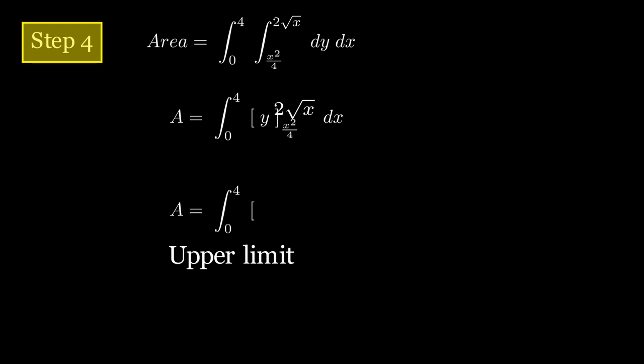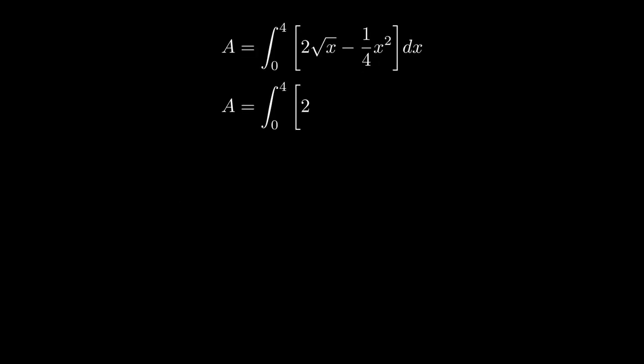We substitute the upper limit, 2 root of x, minus the lower limit, x squared over 4. Integral from 0 to 4 of 2 root of x, written as x power 1 by 2, minus x squared divided by 4, dx.